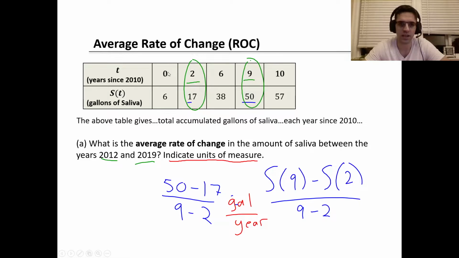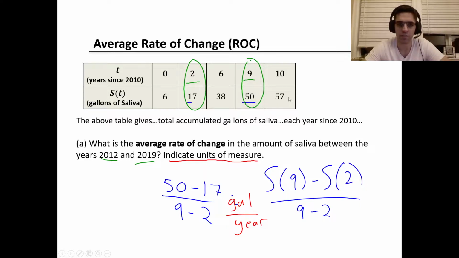So in 2010, apparently 6 gallons of saliva were collected. If t is 2, that's 2012, there were 17 gallons, which is 11 gallons plus the 6 gallons they had in year 0, or 2010. And in 2016, they had a total of 38 gallons.